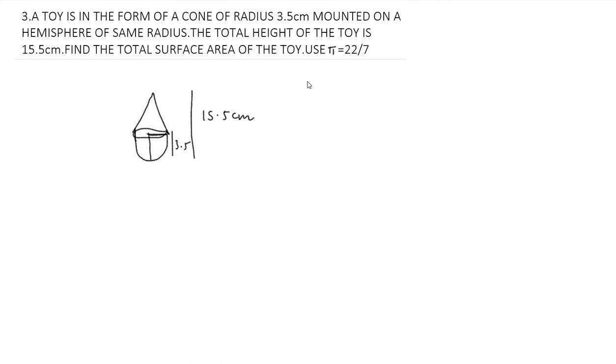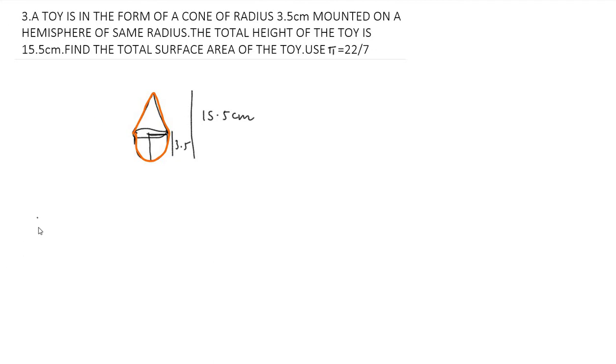See, how will you find the TS of the toy? How will you find the TS of a toy? That is CSA of hemisphere, yes, plus CSA of the cone. Okay, shall you find it? Yes.